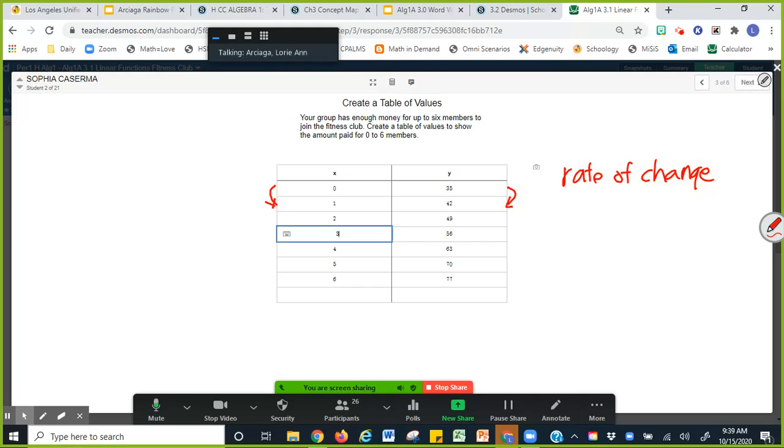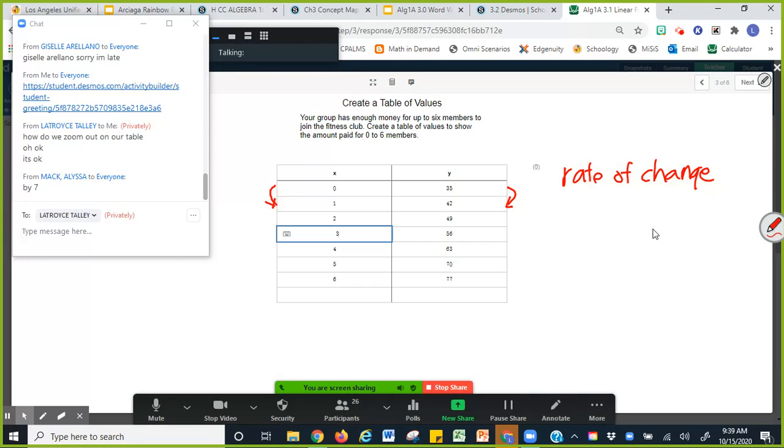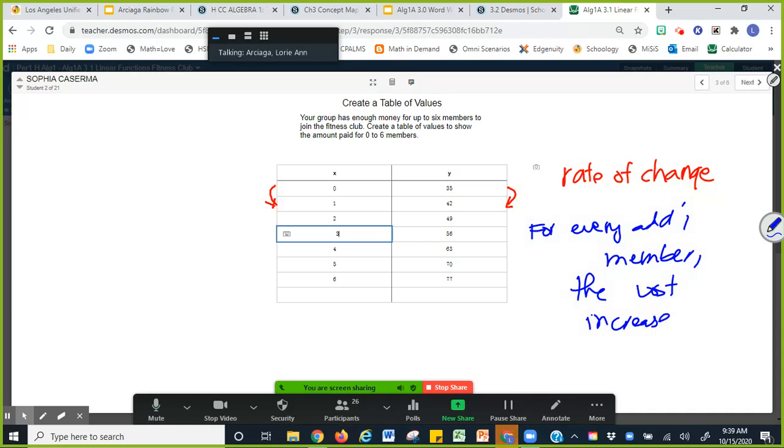And how does that show? By 7. Good. So you want to say something like, for every additional member, the cost increases by what?